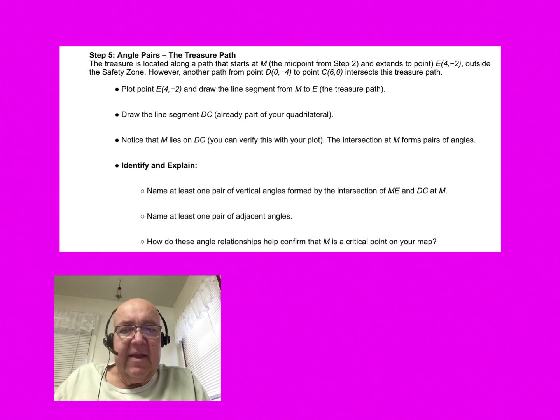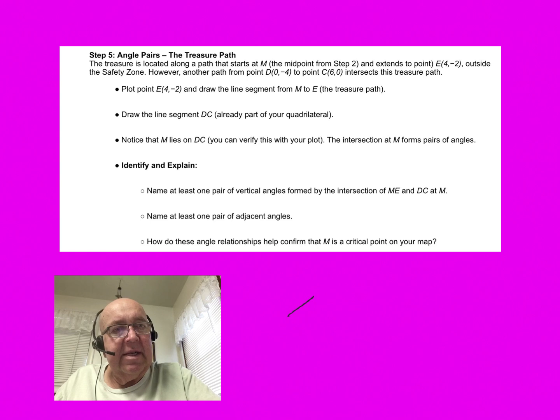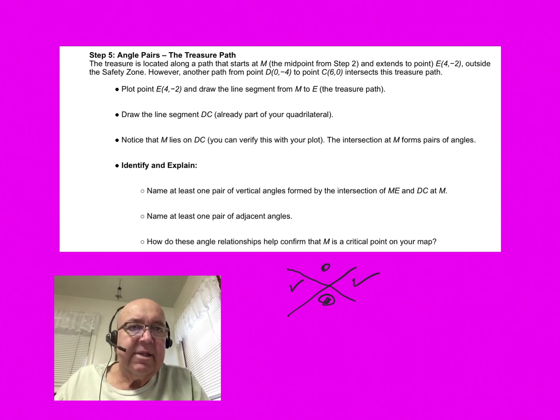You're going to create different angles as you draw these lines, and you're going to identify vertical angles, which are angles that are formed when two lines cross. So this would be a vertical angle here, and this would be a vertical angle here. Those would be vertical angles.